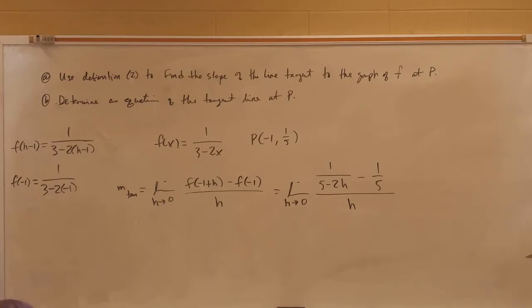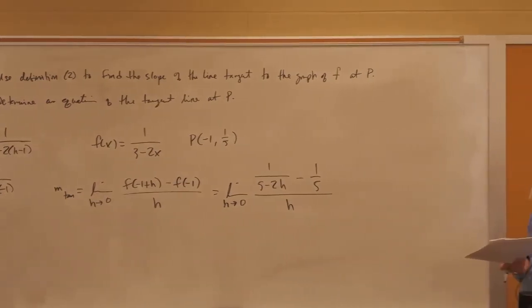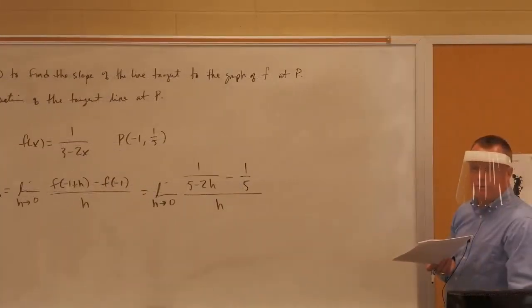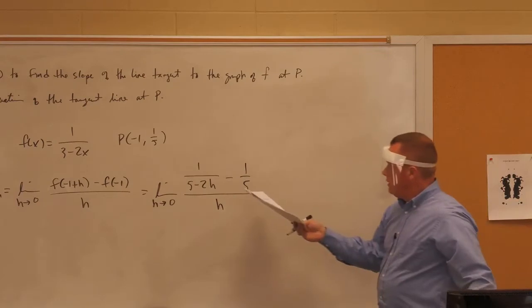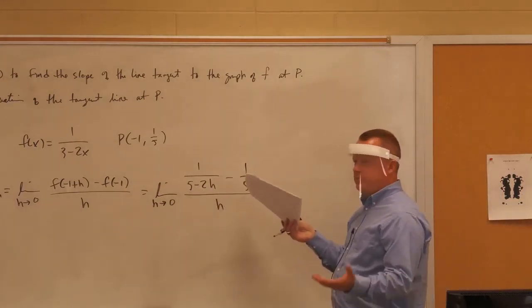Okay? Now, to figure out that limit, what do I do to get rid of those fractions? Common denominator, which is what? Got to multiply those together. 5 times 5 minus 2h.